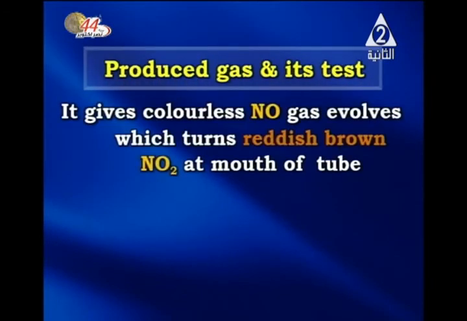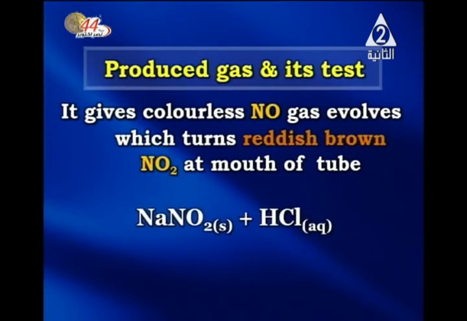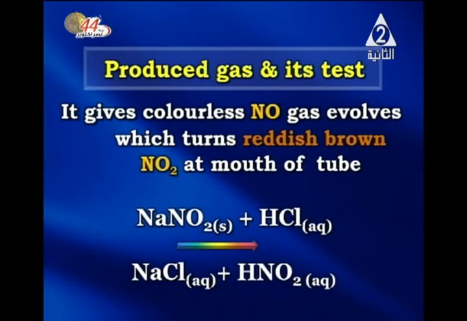The produced gas here is nitric oxide gas, which is a colorless gas and turns into reddish brown fumes at the mouth of the tube. As the equation proceeds on the screen, NaNO2 plus HCl gives NaCl plus HNO2.